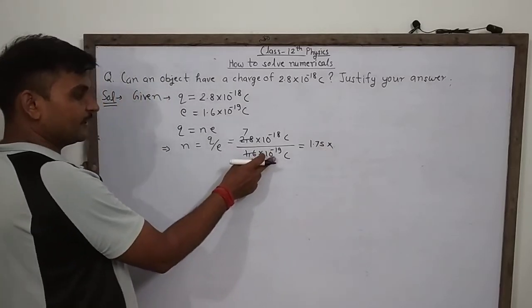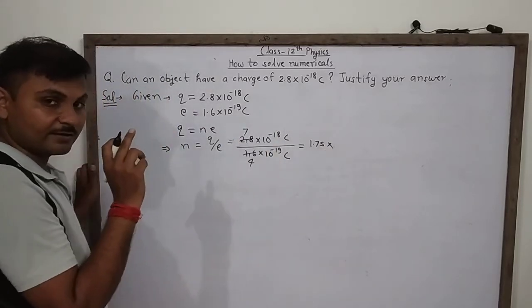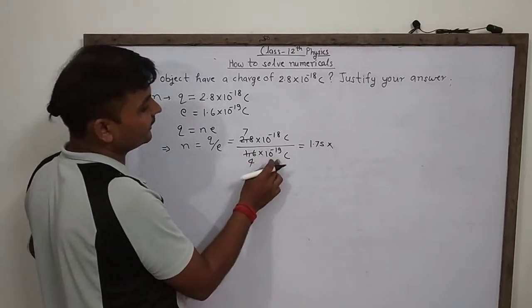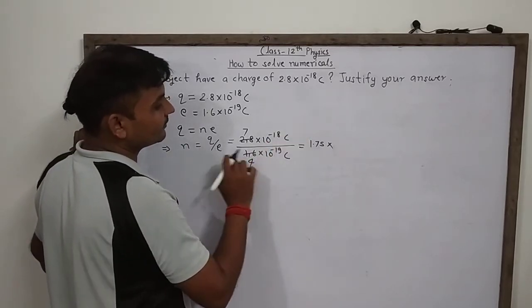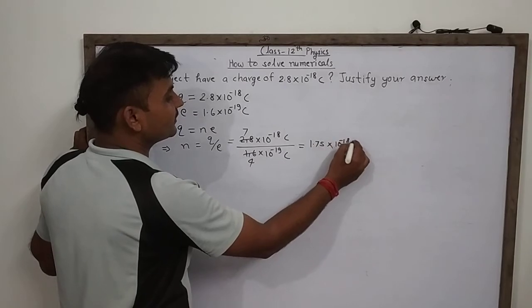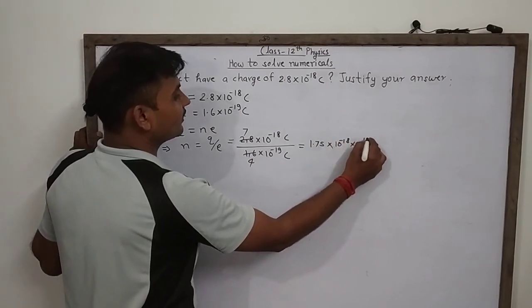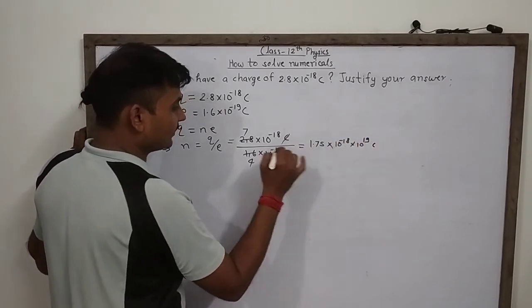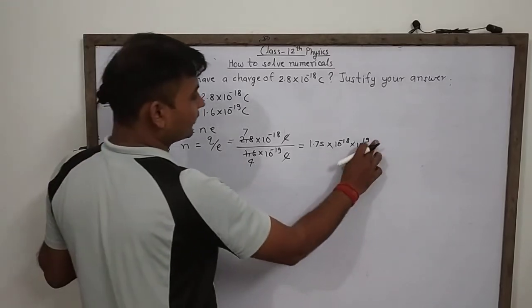If we take 10 power minus 19 to the numerator, we get 10 power minus 18 into 10 power 19. We cancel the units, coulomb by coulomb.